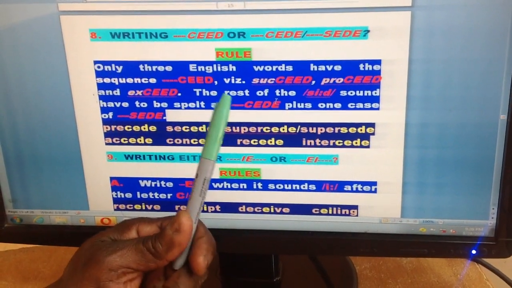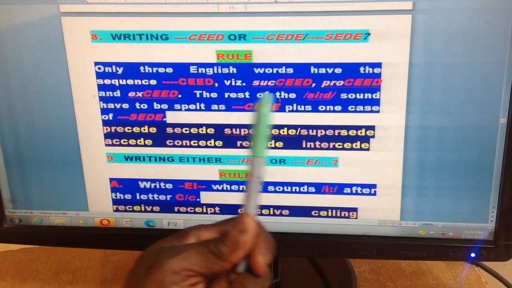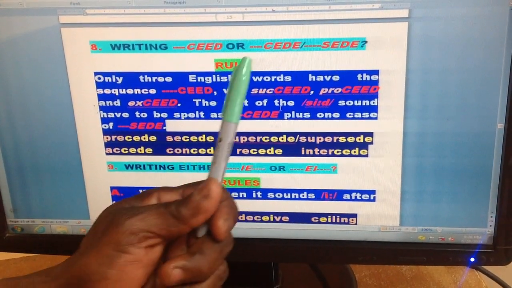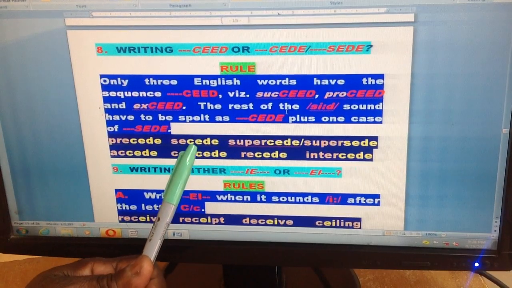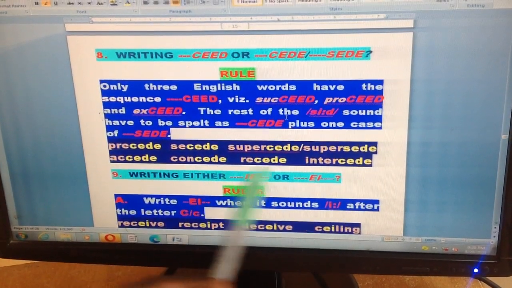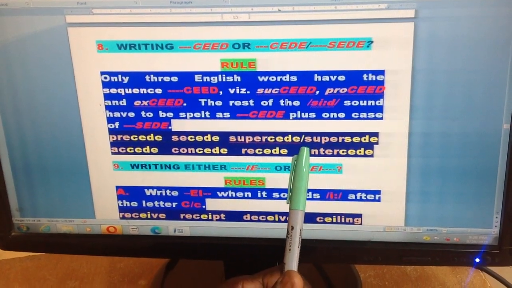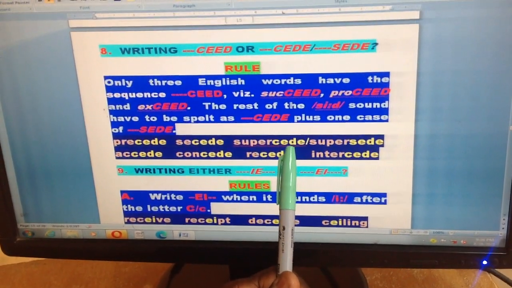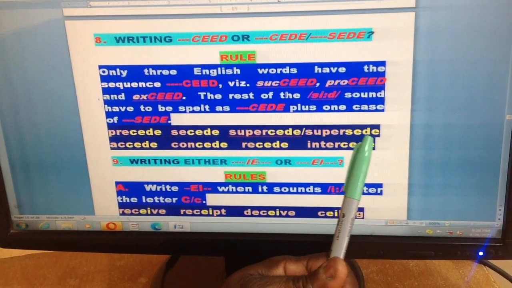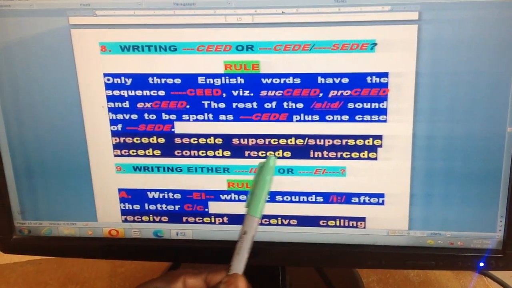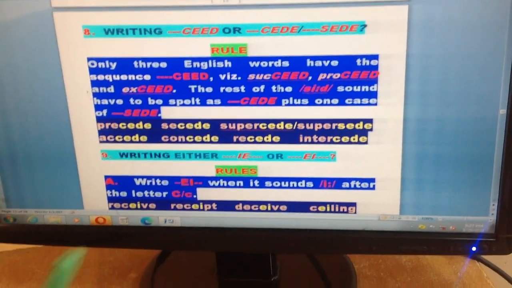I say there are only 3 words, namely succeed, proceed, exceed. The rest of the seed sound would take C-E-D-E, except supersede, where you have a choice to make, an option rather, or should we say an alternative spelling, S-E-D-E or C-E-D-E. The rest is C-E-D-E throughout.